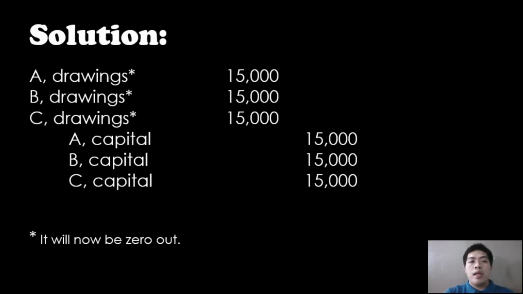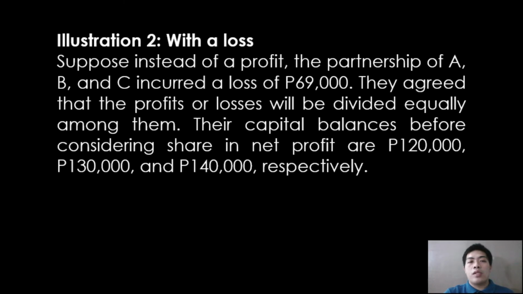Okay? Next, loss. Suppose instead of a profit, the partnership of A, B, and C incurred a loss of 69,000. They agreed that the profits or losses will be divided equally again. Tapos, the same pa rin yung kanilang given na capital balances, 120,000, 130,000, and 140,000.